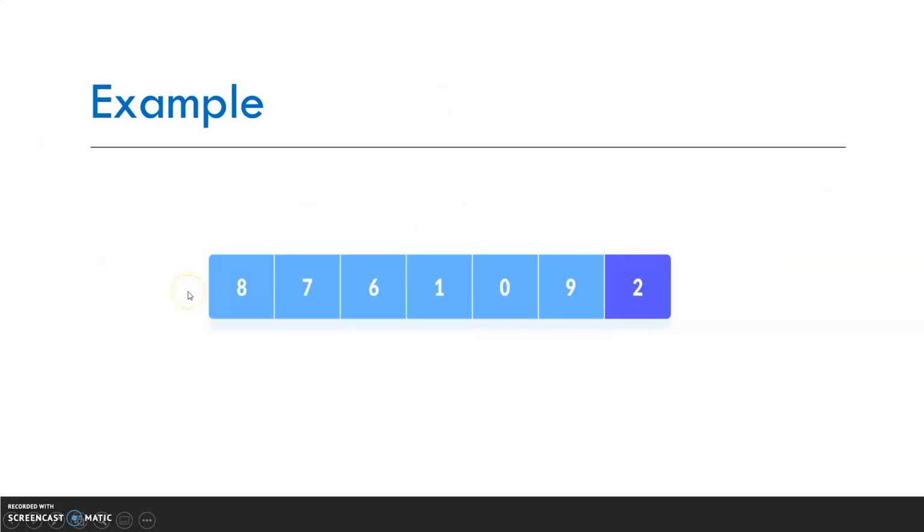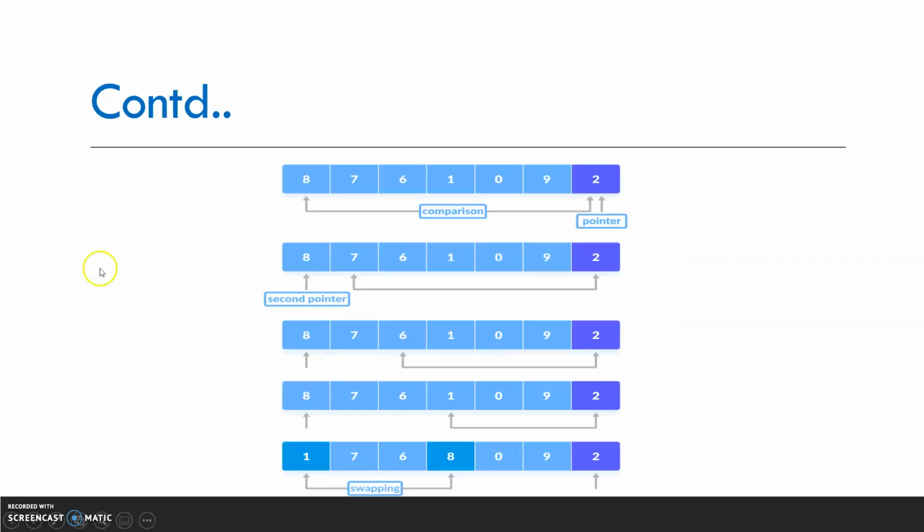Here we have an array, and I'm taking the last element as our pivot point. So by the rule, we have to keep all the values that are less than 2 on the left-hand side, and all the values greater than 2 on the right-hand side. So let's see how we do it.